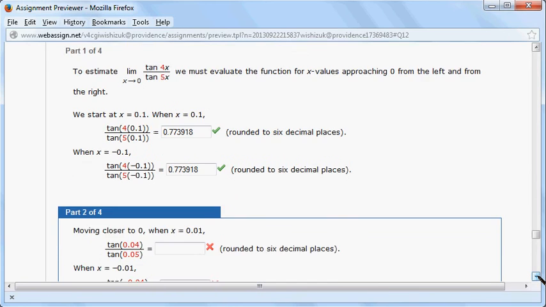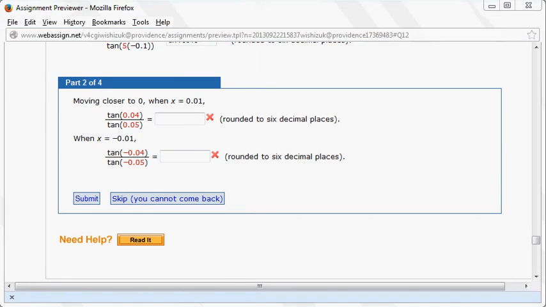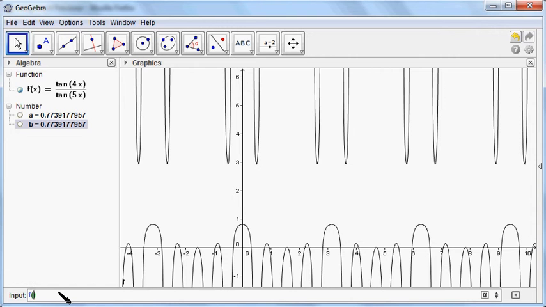All right, let's go to the second part. We want to put x equals 0.01, so we type in f of 0.01 and get the value, and also f of -0.01, and we got this value. Let's type it in.